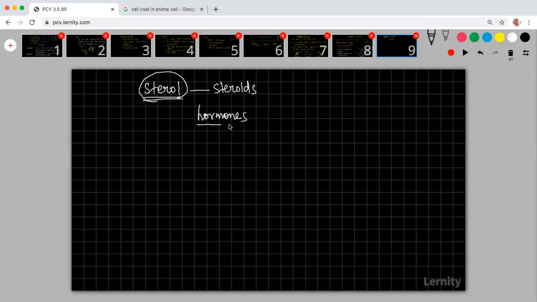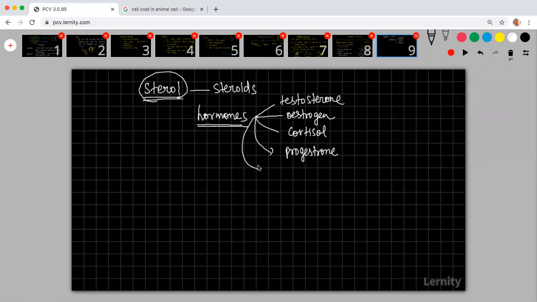You have lots of steroid hormones: testosterone, estrogen, cortisol, progesterone, cortisone, and aldosterone. These are all various kinds of hormones, and all of these are considered to be steroids.